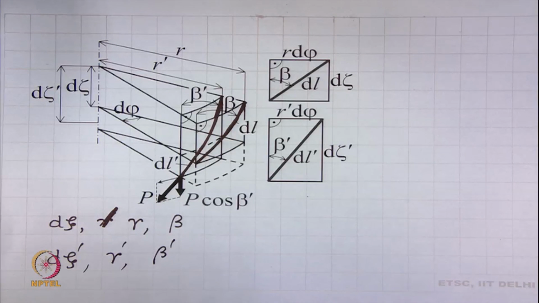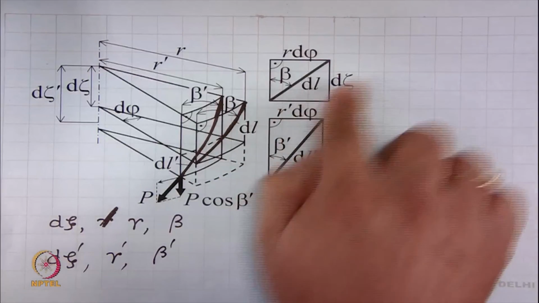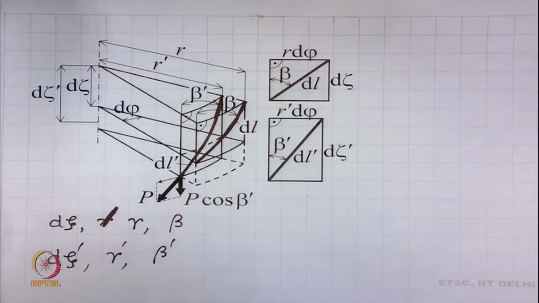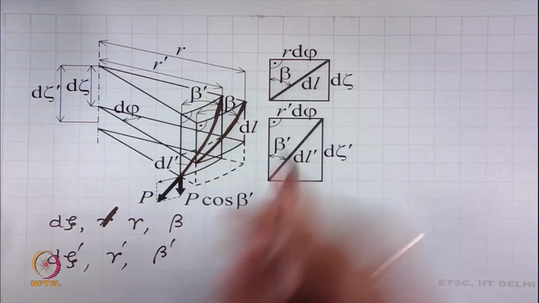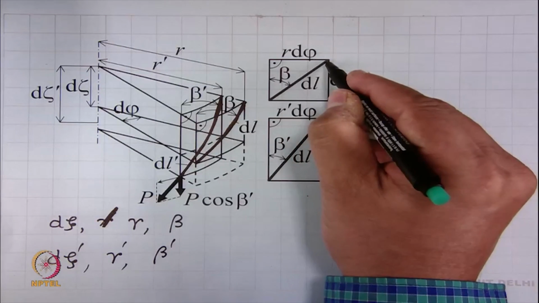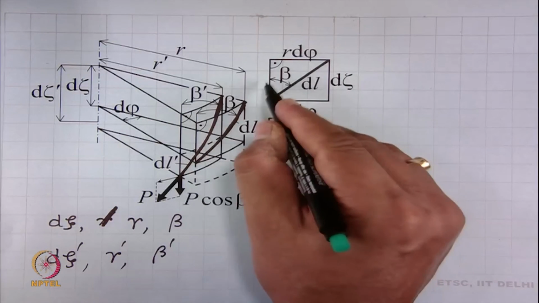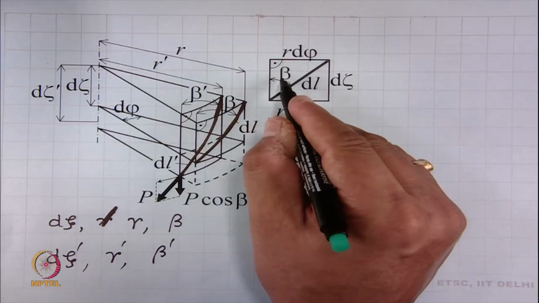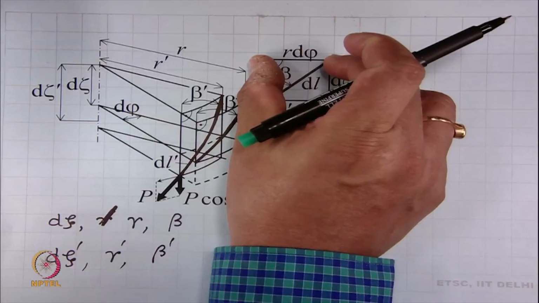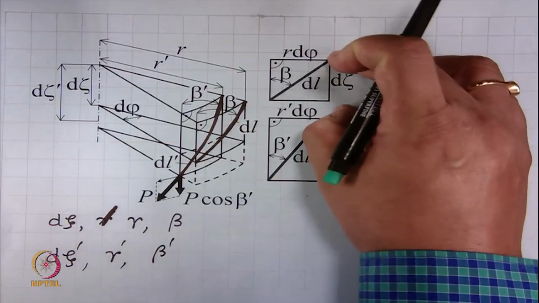Now, if we see this top picture, this is the length dl, length of the fiber element, angle of the fiber element to the axis of yarn is beta, this width becomes r times d phi and this is d zeta.